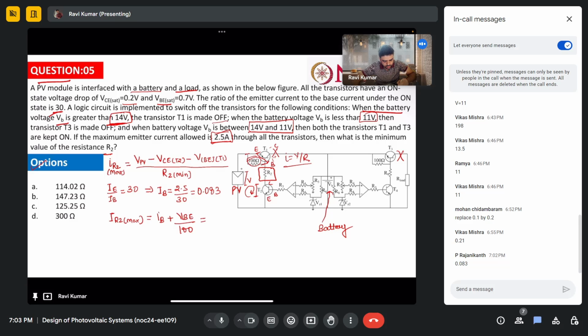So how much is it? 0.083 plus 0.7 divided by 100.